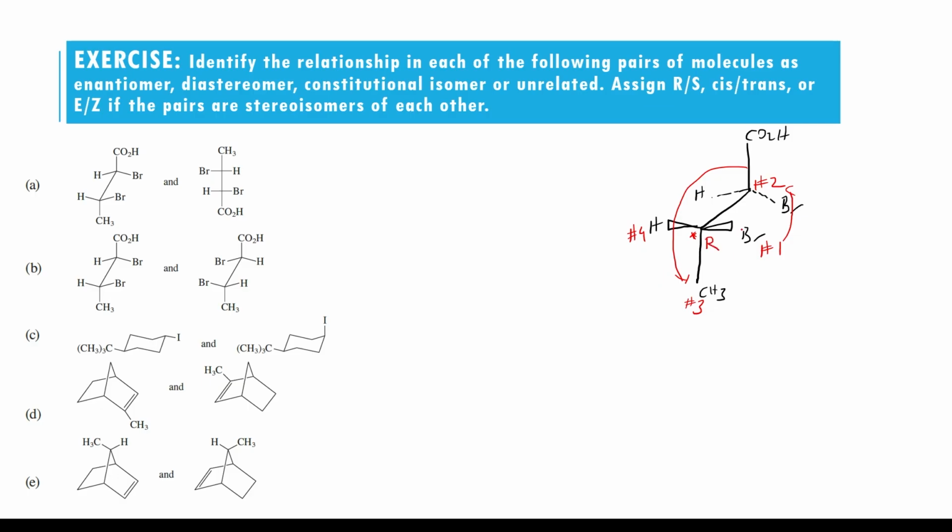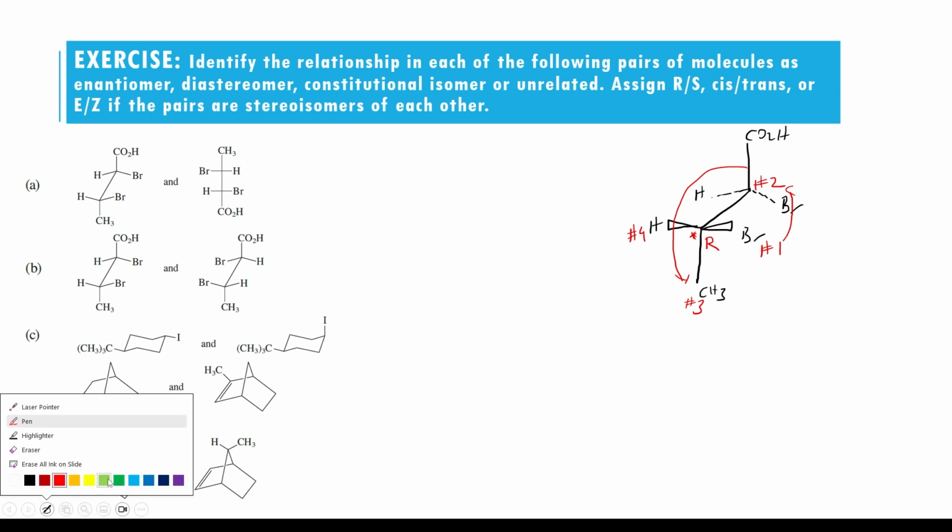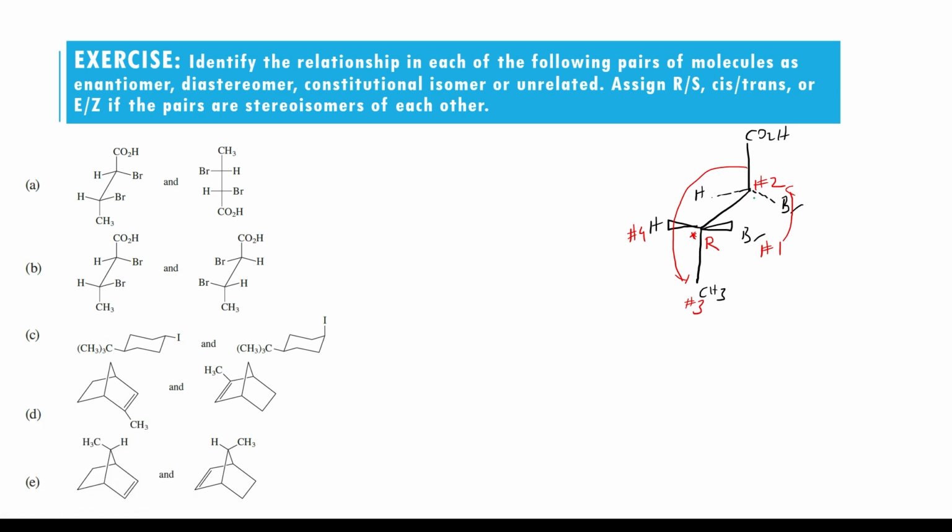Now we can do the same for the back chiral carbon, and I'm going to use green color to indicate this chiral carbon. And we know that hydrogen should be number 4 based on the sequence rule. Bromine should be number 1.